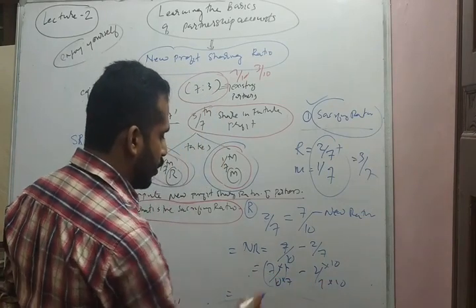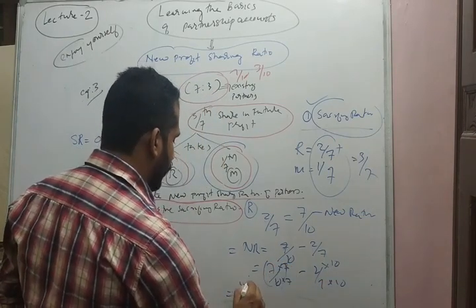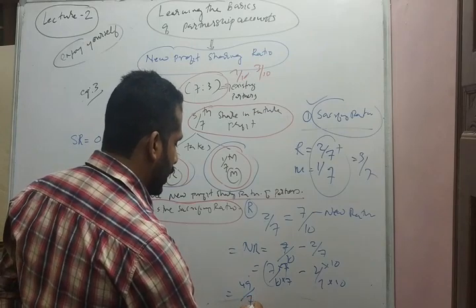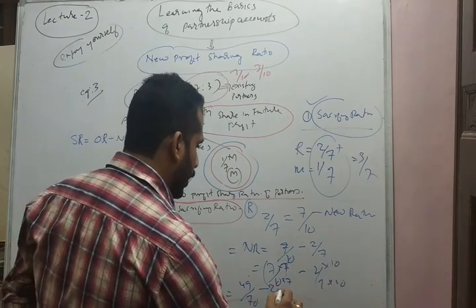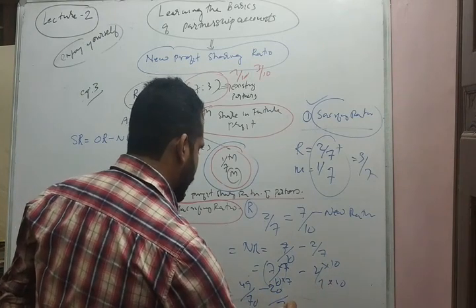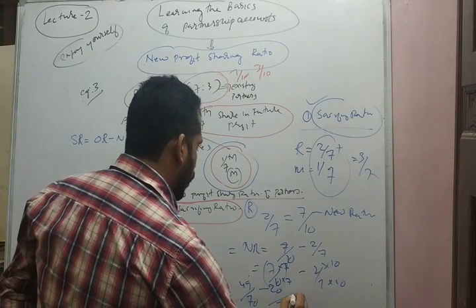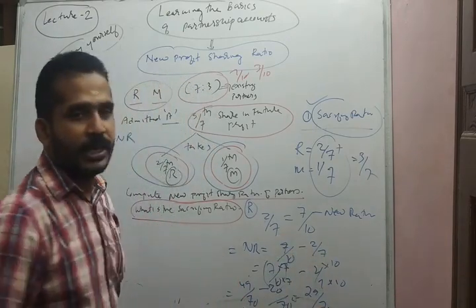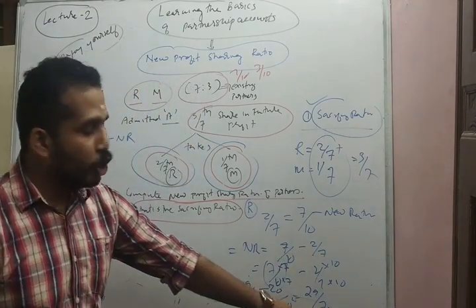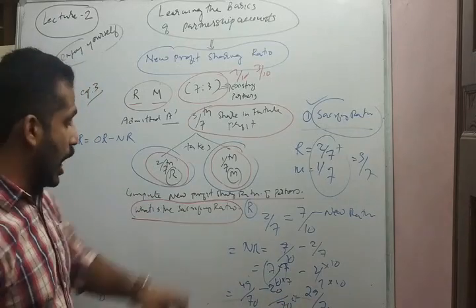So what is the figure now? 7 into 7, 49, so 49/70 minus 2 into 10, 20, 20 by 70. So what is the new figure? 29 by 70. That is the new ratio of R.